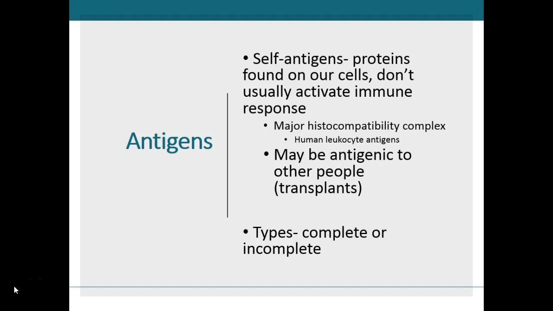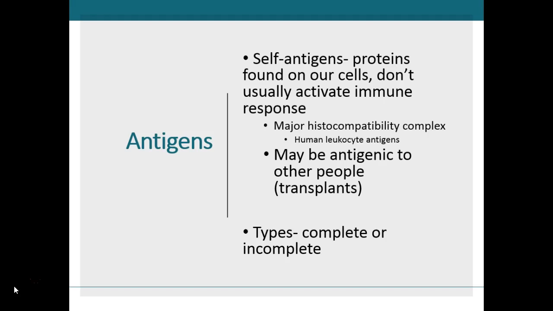Major histocompatibility antigens are the reason that tissues may be rejected when they're transplanted from one person to another, but their normal function is to help T cells recognize that an antigen is foreign, that it doesn't belong to you. So your immune system recognizes your MHC antigens as yours, and the immune system does not mount a response.